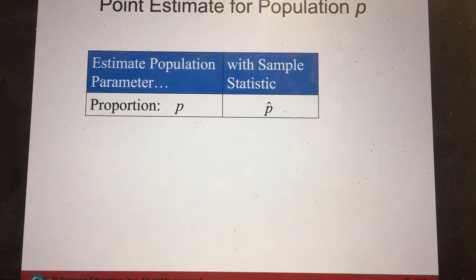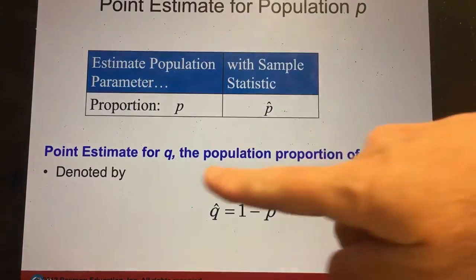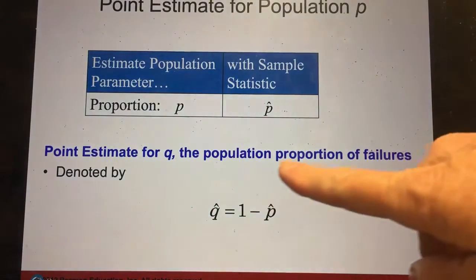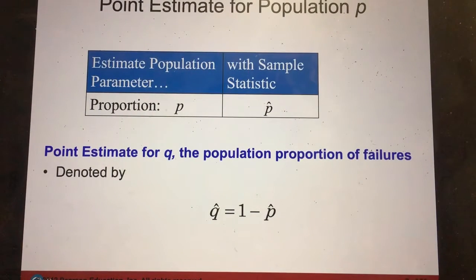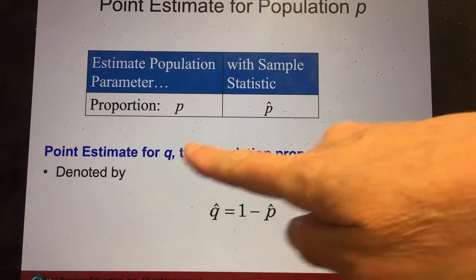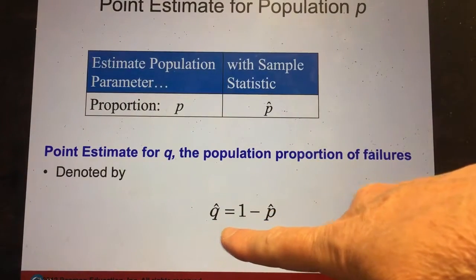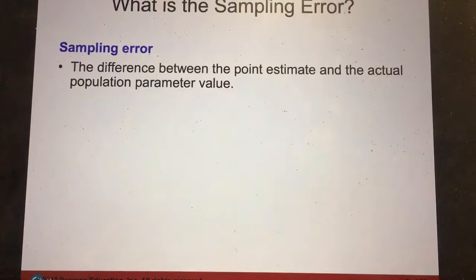It's also talking about whether we can find a point estimate for Q, the population proportion of failures. Now, we obviously look for P more often than we look for Q, but we would find the point estimate for Q by just taking q-hat as 1 minus p-hat, which we used when we did binomial distributions. And that's read as q-hat.